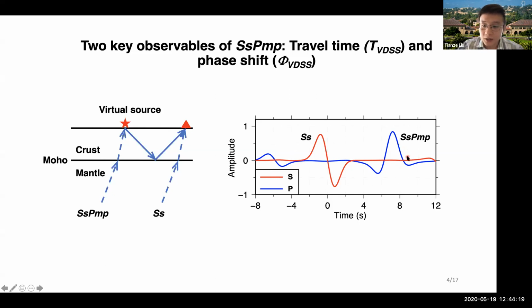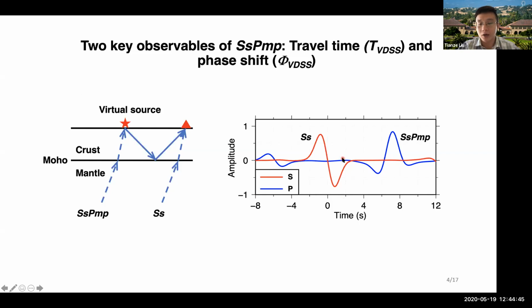Secondly, we see a very peculiar phenomenon: SSPMP has a different shape from the incident S wavelet. This is very different from other kinds of refraction phases, because usually when you have a refraction phase, the shape of the wave packet should resemble the shape of the incident wave.